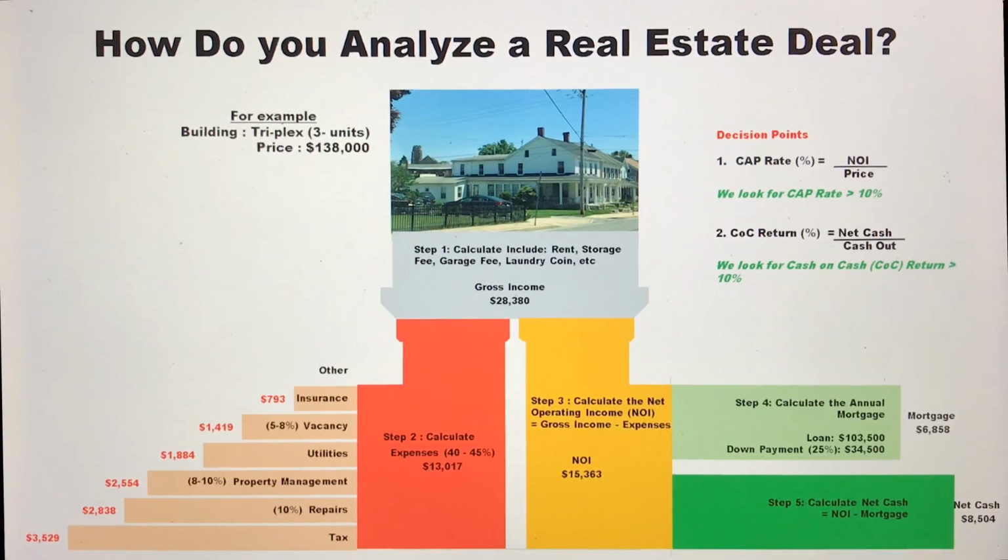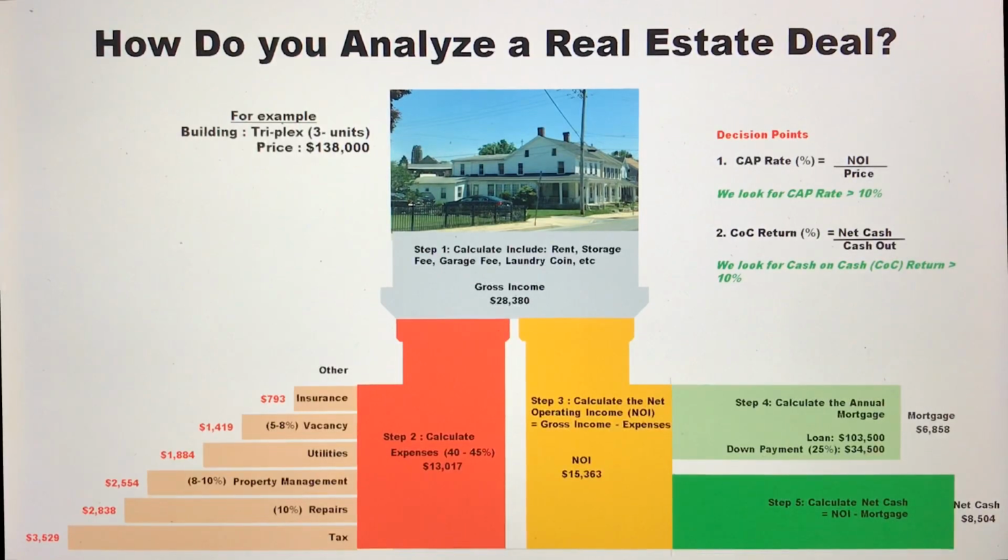And if that meets our criteria, we also look at the cash on cash return. This is basically the net cash divided by the cash out. The net cash is what you find in step five. Cash out is the down payment plus closing cost. Basically, this is how much cash came out of your pocket to secure this investment.